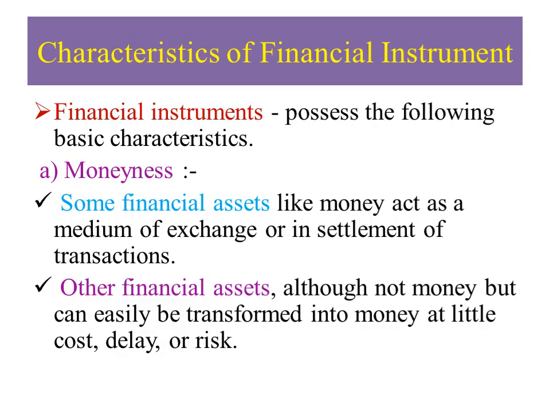There are other financial assets, also not money, but which can easily be transferred into money at little cost, delay, or risk. It has no risk, or little risk, or little delay.